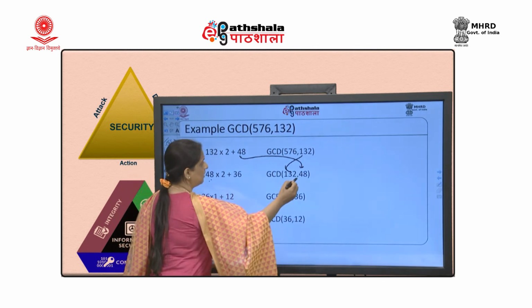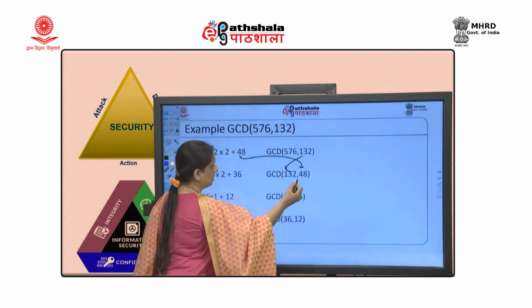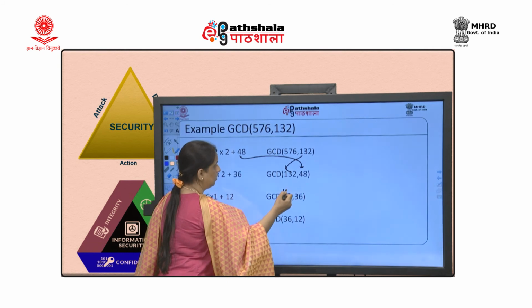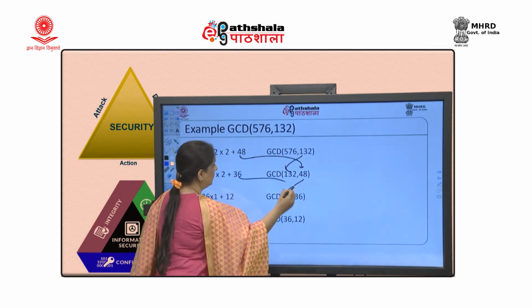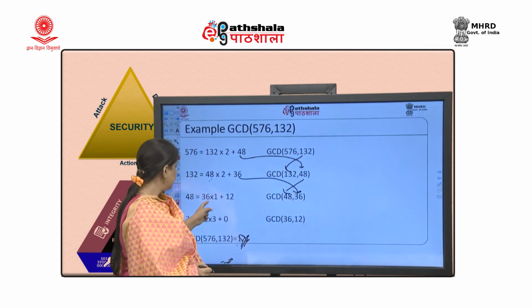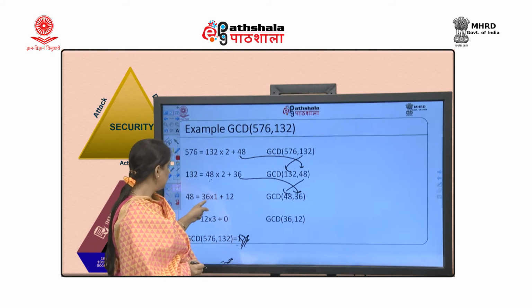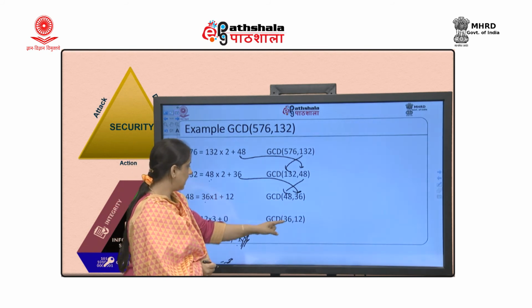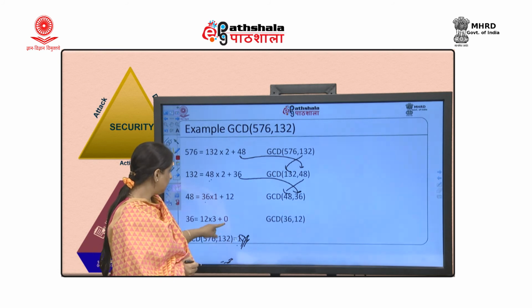Next time you have to carry forward the q and the remainder. Next time you have to carry forward the 36 and 12. So, what happens now? You have got the remainder to be 0.